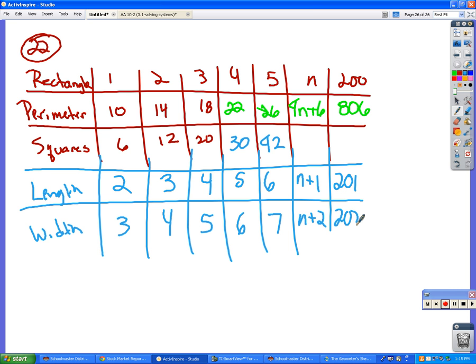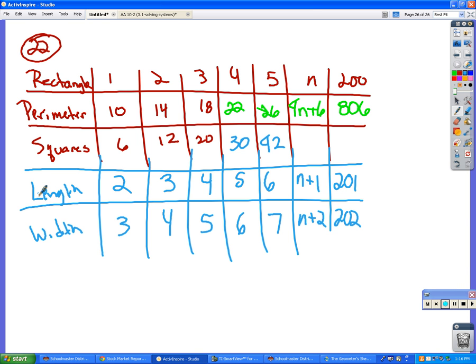202. Okay, so how do we use these blue numbers to get the red numbers? Multiply. 2 times 3 is 6, 3 times 4 is 12, 4 times 5 is 20, and so on. And that's because the way you find the area of a rectangle, which is the number of squares, is you multiply the length and the width.